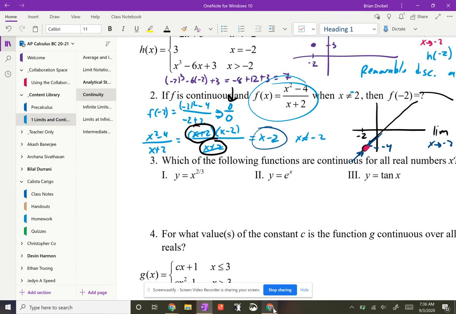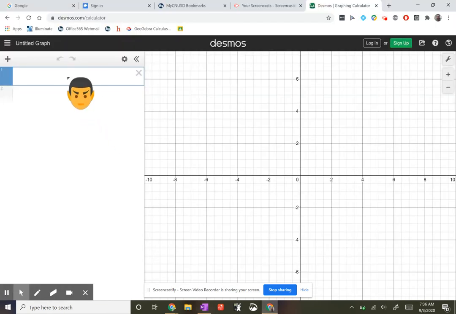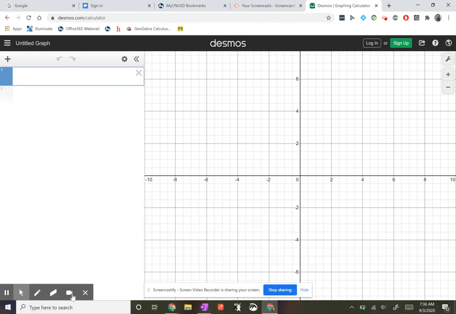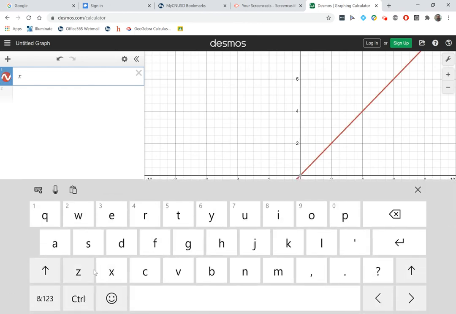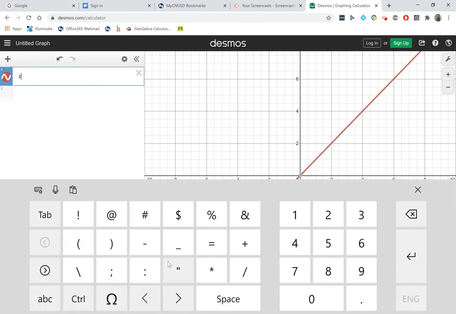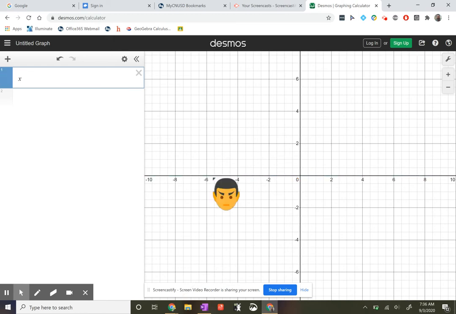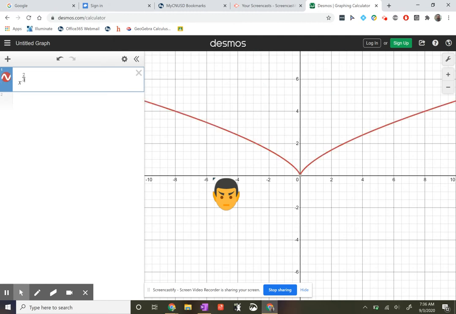All right, so I'm going to look at x to the 2/3. Where is the Desmos? Switch to my keyboard here. X to the 2/3. All right, so x to the 2/3.